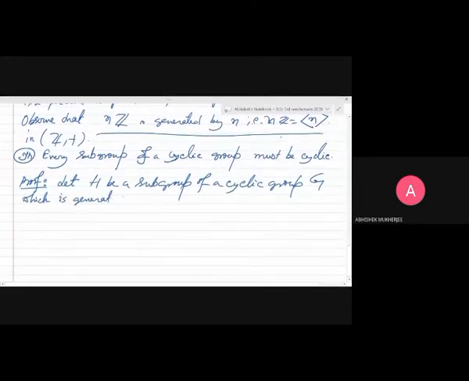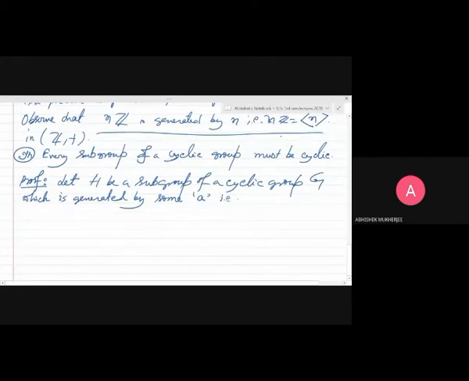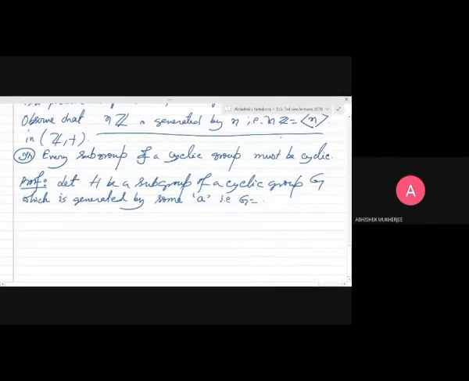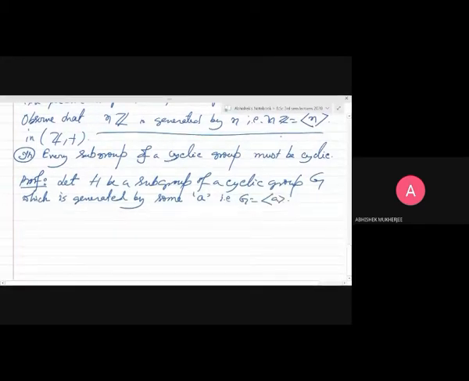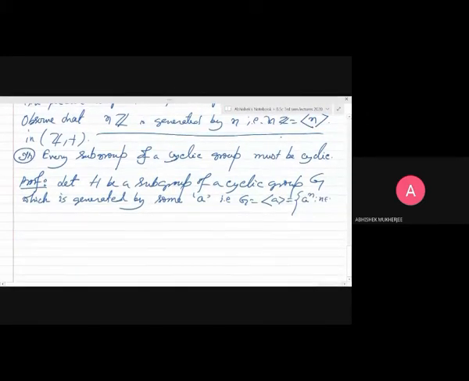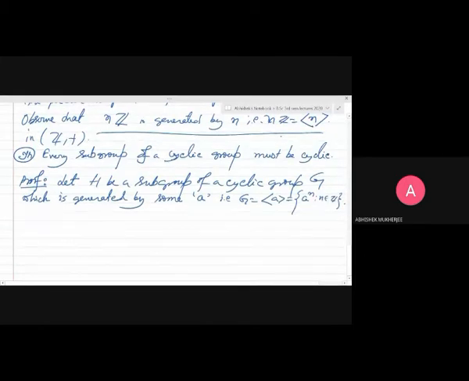That is, G can be written as angle bracket a. So the elements will be a to the power n, n belongs to Z. These are the elements of the cyclic group G generated by small a.